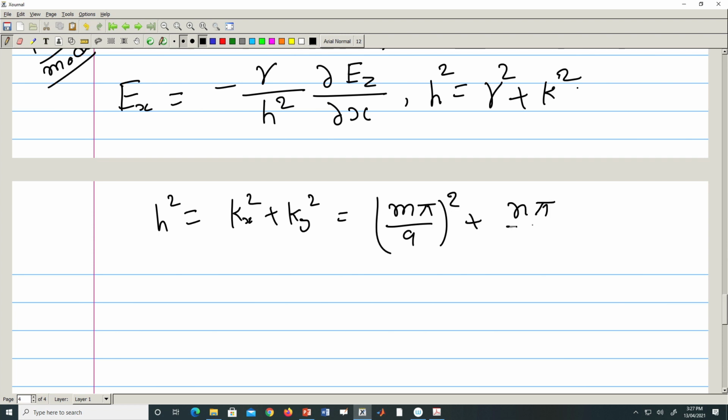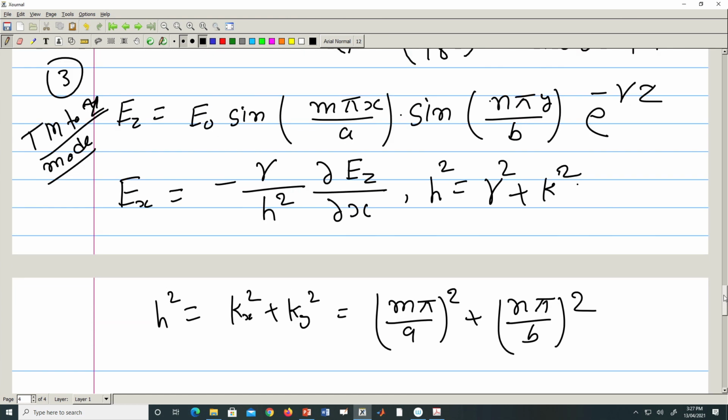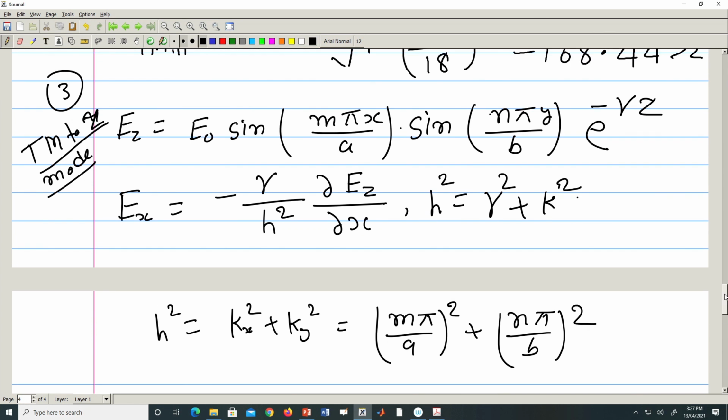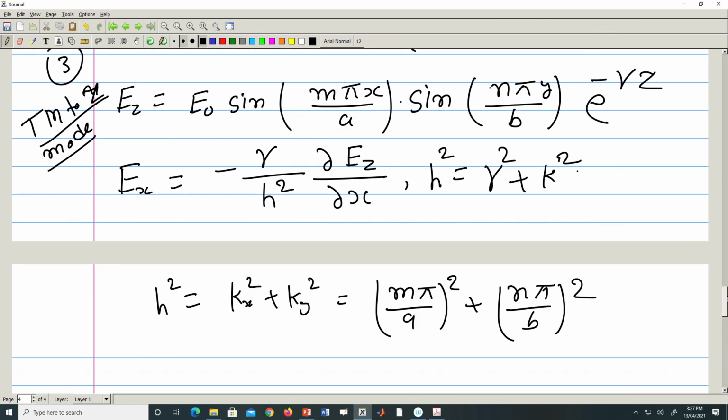Ex can be written from this expression as minus gamma by h square del Ez upon del x. Because it is a partial differentiation, it will differentiate only on the x component, and m pi by A will come outside.